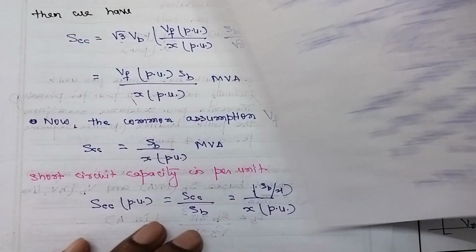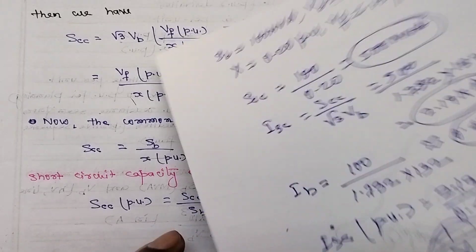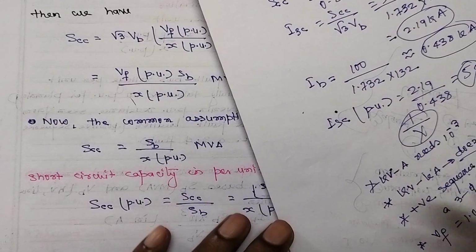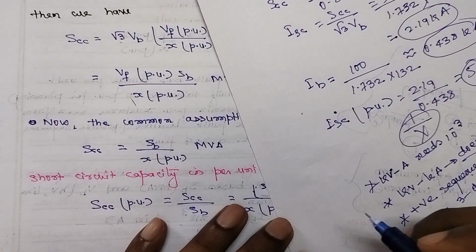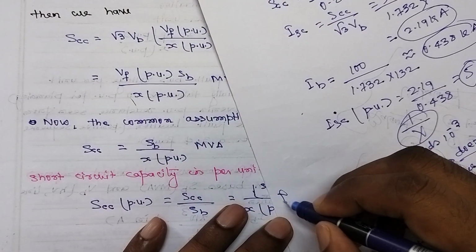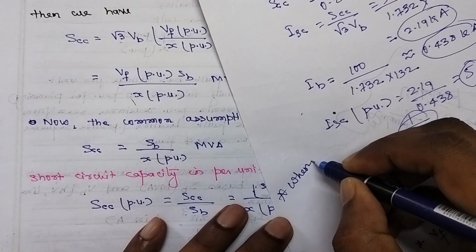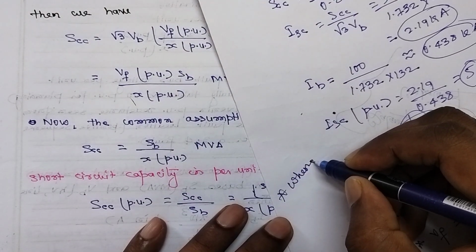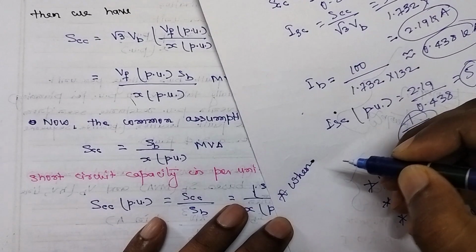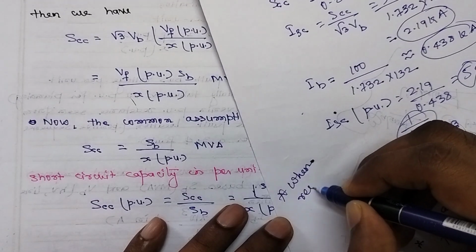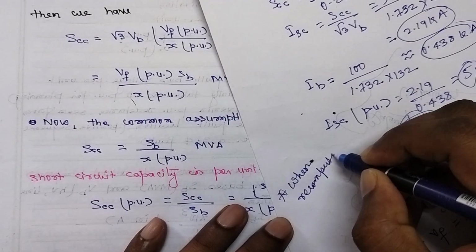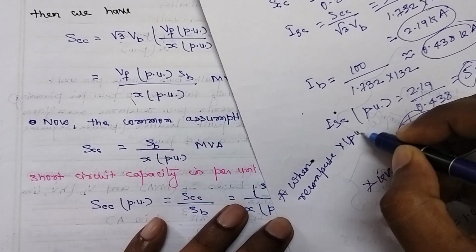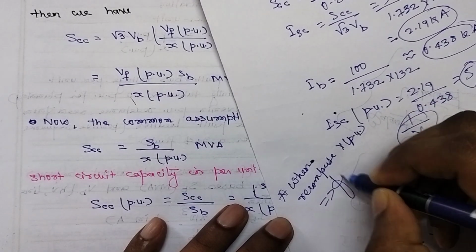Next assumption: when the system configuration changes, recompute the X in per unit only. The fault level will change.